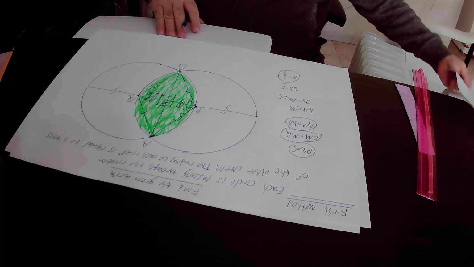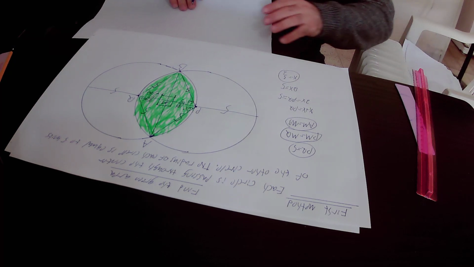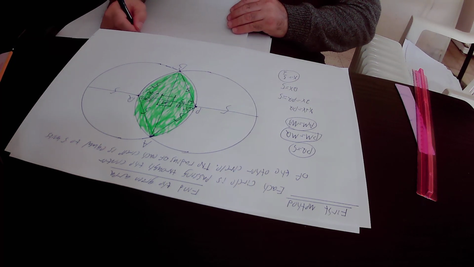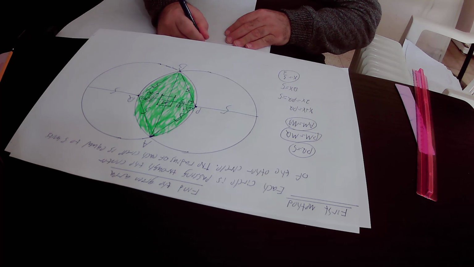So again, I write it here that the area of triangle APB is equal to the area of triangle AQB.